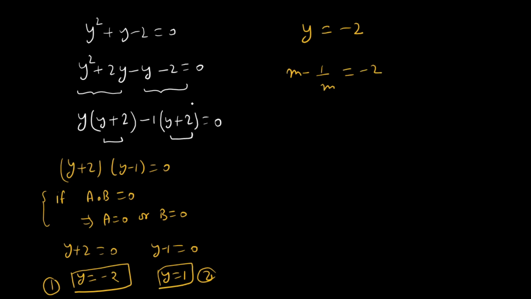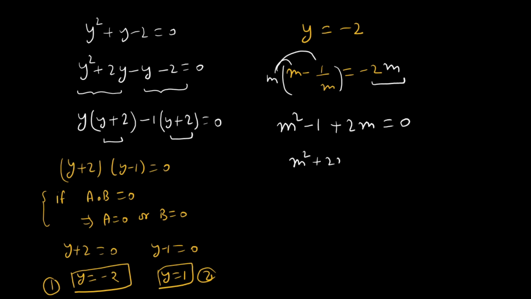Here if we multiply both sides by m, then on the left hand side m times m gives m square, and m times minus 1 over m gives minus 1. Taking minus 2 times m to the left hand side, it is plus 2 times m, equal to 0. This is a quadratic equation: m square plus 2m minus 1 equals 0.